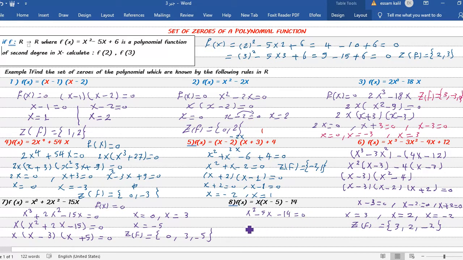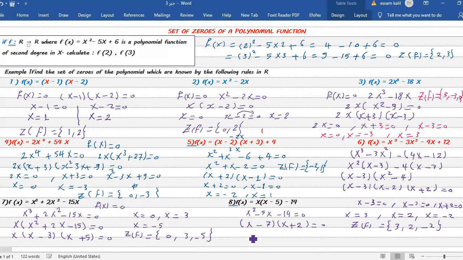Make the factorization: open two brackets, x and x. Find the product of two numbers equal to 14 and the difference between them equal to 5, then 7 times 2. What is the greatest? Take the sign of the middle term and the other takes the opposite sign, equals 0.